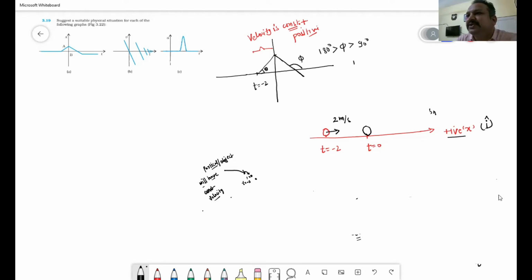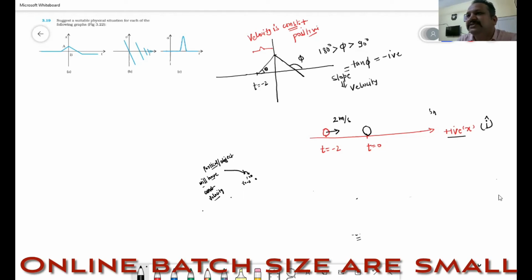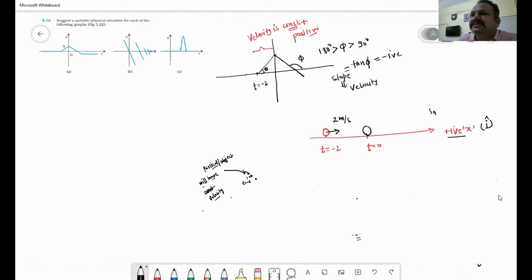So the value of tan phi for an angle greater than 90 and less than 180 will be negative, and this is nothing but the slope, and slope represents the velocity. So now the direction of the velocity will change, and I am just assuming the slope is the same, meaning it will have some velocity in this direction at time t is equal to 0.